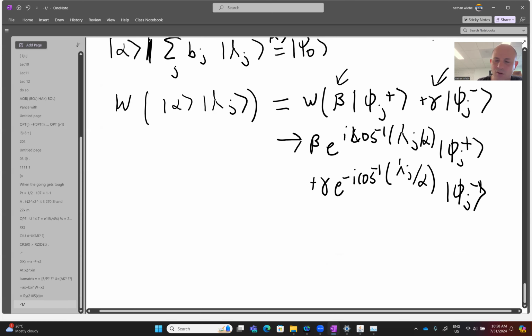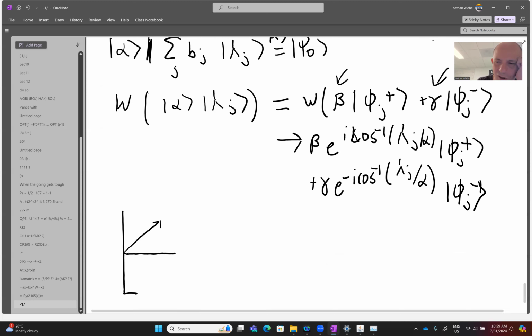So what this ends up meaning, if we draw this in a 2D plane, is that the phase that we have on both of these components, let's say it started out being 50-50, these phases are going to end up causing the sign to change between these two values.